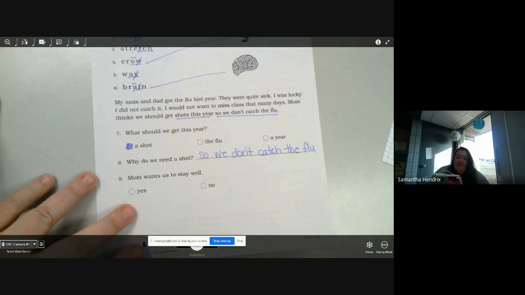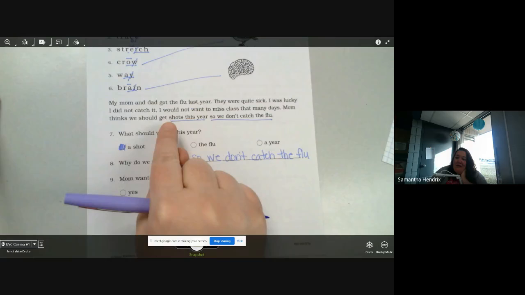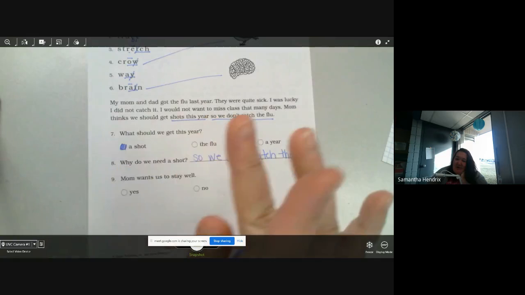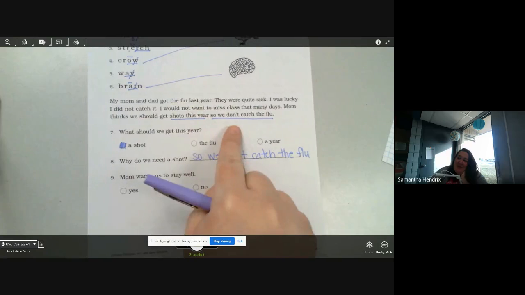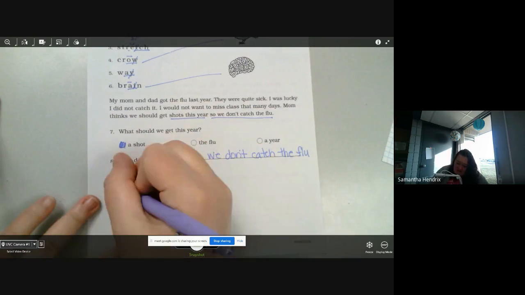Okay. This is one of those questions. It does not come out and say, Mom wants us to stay well. So you have to infer. You have to take what you read plus what you know. Getting shots is going to keep them from getting the flu, most likely. So Mom wants them to get the shot. So we have to infer that Mom wants them to stay well.